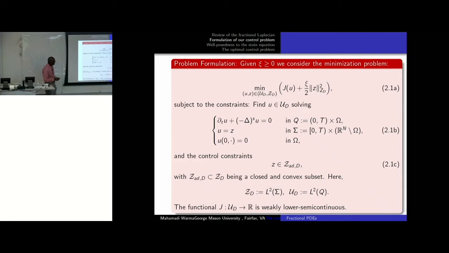Then we minimize this functional under the condition that our function u solves this parabolic type equation. The equation is 0 in Q and u is 0 outside. While we put here a 0 initial condition, we can put u0, but it doesn't change much in the control problem.